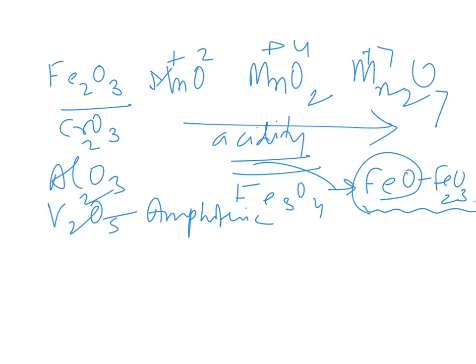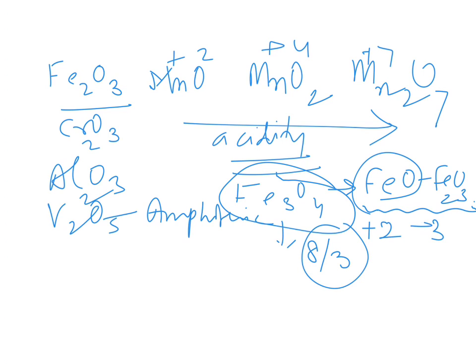It does not exist as Fe3O4, but as FeO and Fe2O3. Okay. If you find out the oxidation number, here the oxidation number is 8/3, which actually does not exist, only +2 and +3 exist. Okay. So that's why we say that this Fe3O4 is in the form of FeO and Fe2O3.